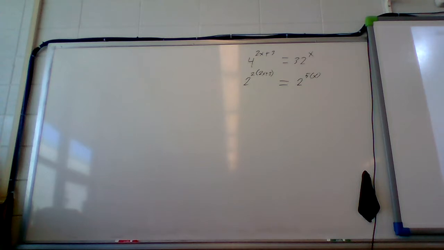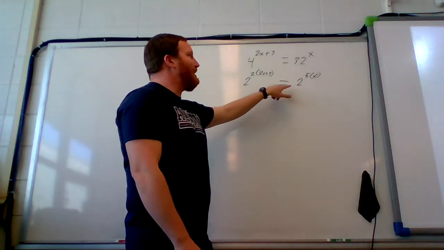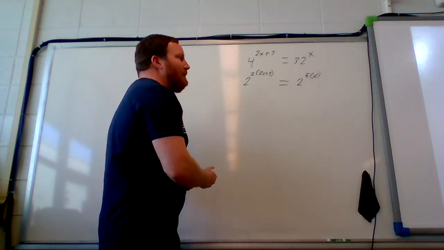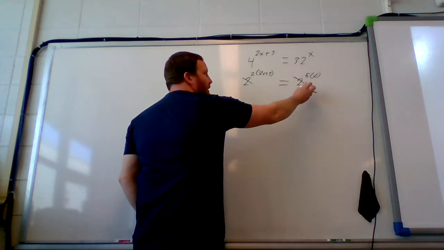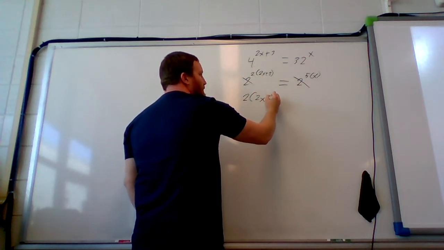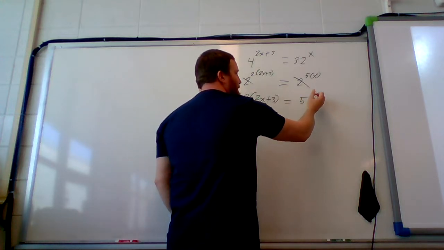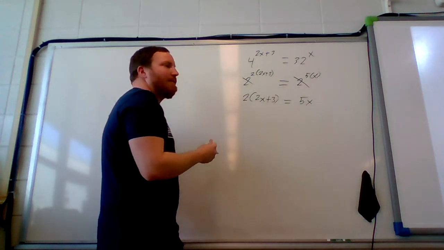going back to our notes. Once we have the same base, we can eliminate the bases. So the 2's disappear. The base is the same, that means the exponents must be equal. So we have 2 times 2x plus 3 is equal to 5 times x, which is just 5x.